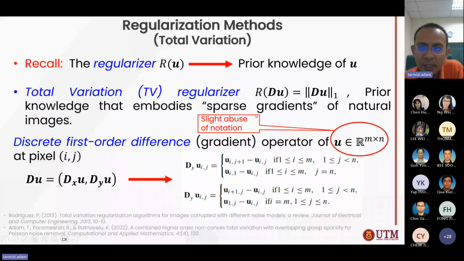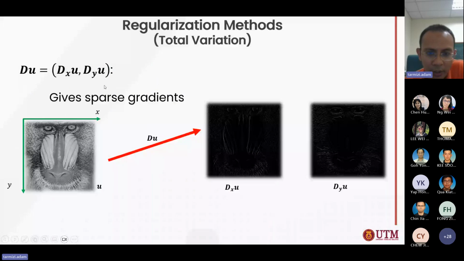This D over here is how you define the discrete first order difference. This is what I said just now, the sparse gradients. If you apply this operator D on an image, you will get something like this. You can see the black pixels, and only some, like you can see the contours.